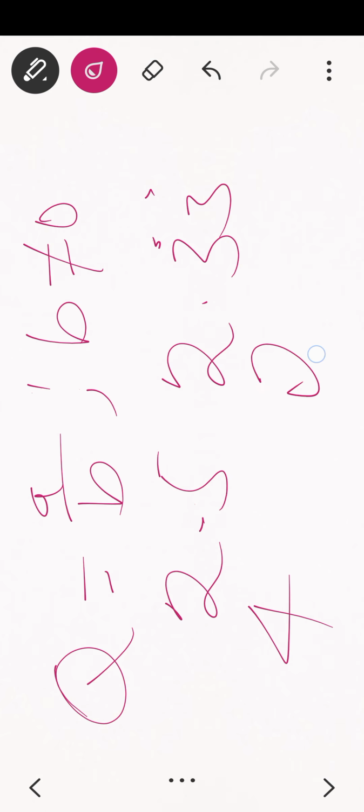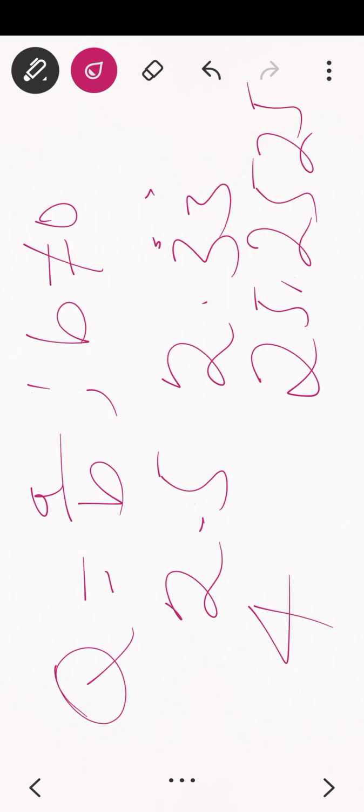Looking at this, 25.2525 is also a rational number because 25 is recurring.